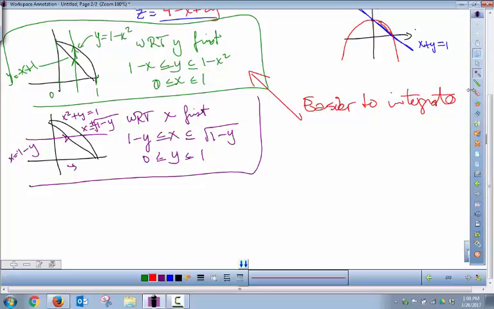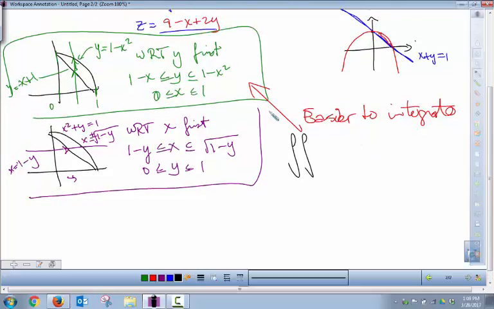And so let's set up the double integral for this setup. We're going to integrate with respect to y first. What was the function, by the way? Oh, the function is this, right? That plane, 9 minus x plus 2y. And then we're integrating with respect to y first.